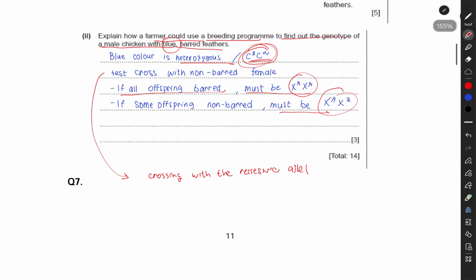I hope you understand. So this is the test cross, and it will produce like XA.